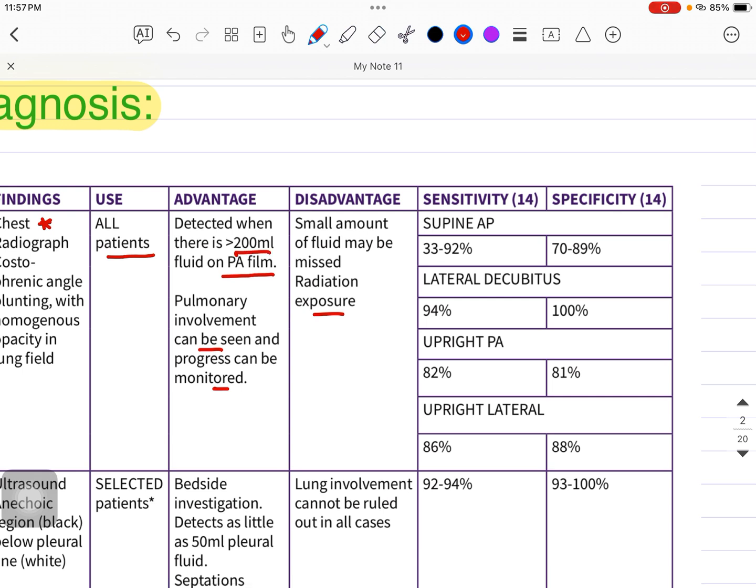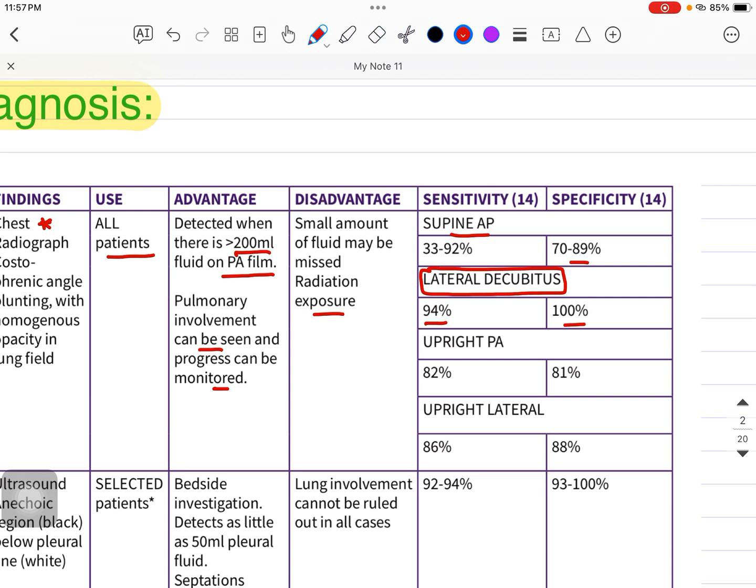As for sensitivity and specificity, if we take the chest radiograph in the supine AP position, sensitivity is 33 to 92% and specificity is 70 to 90%. Lateral decubitus position, always remember, is able to detect a very small amount of pleural fluid. Sensitivity is 94% and specificity is almost 100%, right.